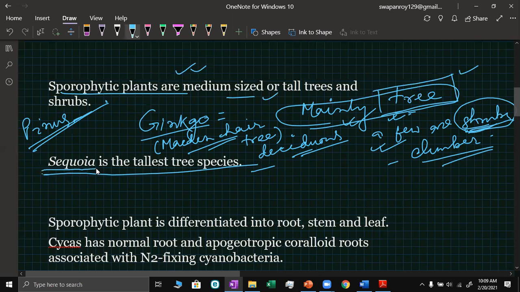This is the Sequoia. Sometimes it is known as the redwood tree. This one is the largest, oldest tree species.